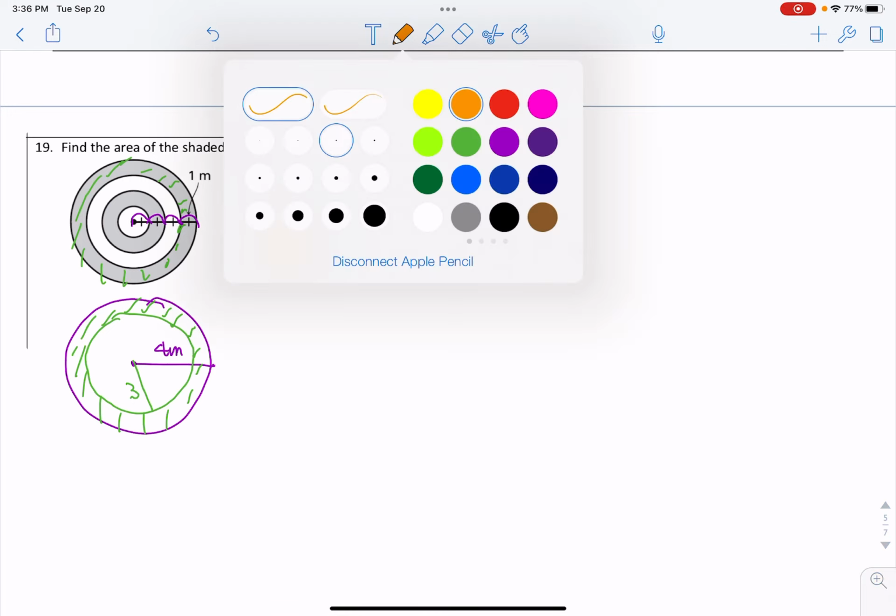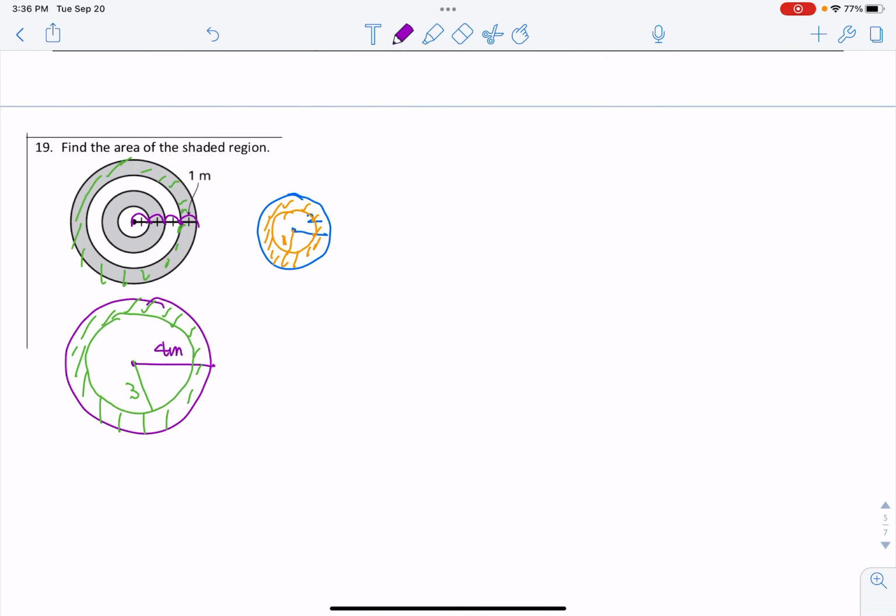So first we're going to go over the circle area. The area of the circle formula will be pi r squared. So pi 4 squared minus pi 3 squared will give you 16 pi minus 9 pi, and then it will give you 7 pi.